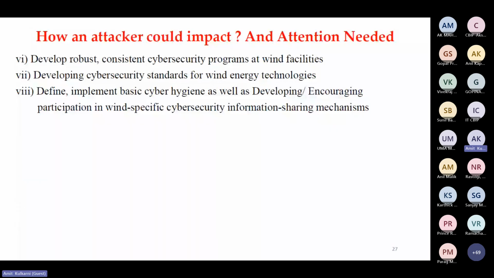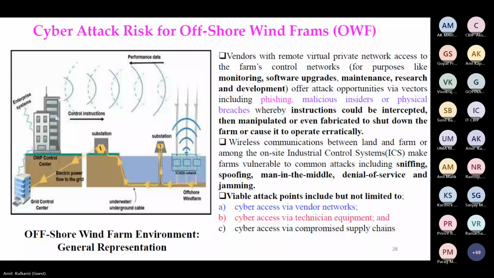So this was as far as onshore wind turbines. But nowadays, there is a boom in offshore wind turbines, or offshore wind farms also. Though India is yet to tap offshore wind farms, in Europe and America, offshore wind turbines are a very widely used system.